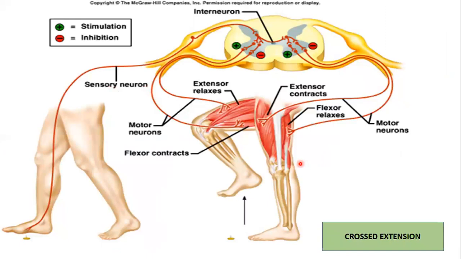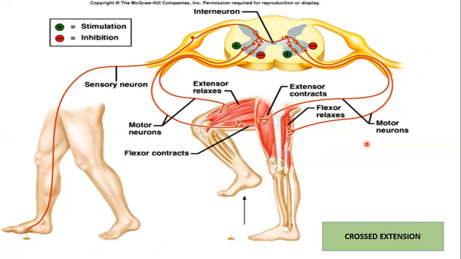Moving forward, that is the cross extensor reflex. So the cross extensor reflex is the withdrawal reflex. What does withdrawal reflex mean? That whenever there is flexion, we say the withdrawal reflex, or we can retract our hand.